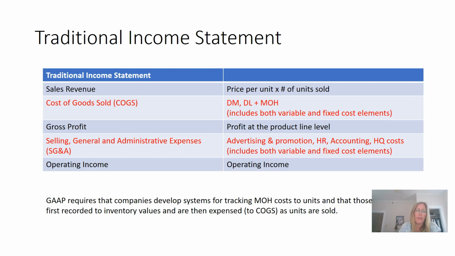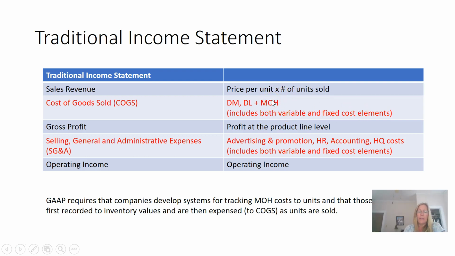All right, so here's a traditional income statement. Cost of goods sold is going to contain the direct materials and labor, which we've already said in our example for this case are variable. And we're going to add to that manufacturing overhead, and that piece includes both variable and fixed cost elements.